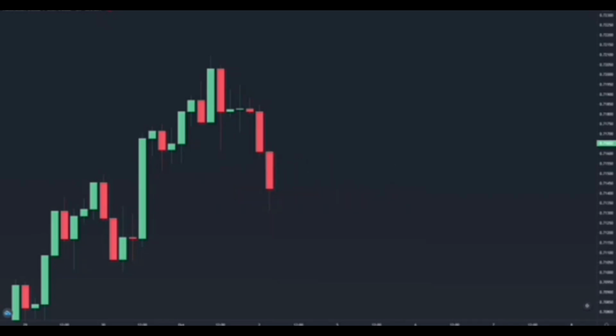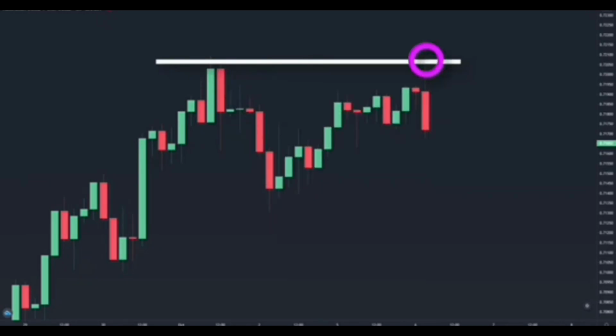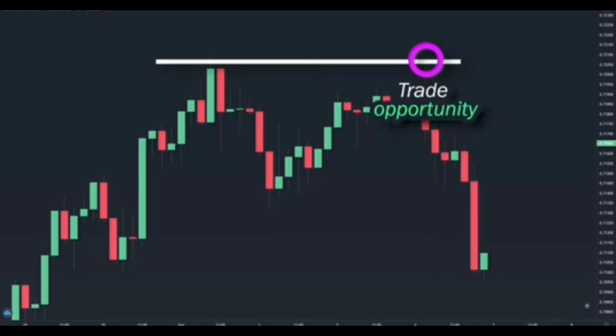Like in this example, in this chart, we can spot that there's an area of resistance here as prices went up to this level and reversed downwards. So the next time when price hits this level again, there's a high chance that it's going to reverse downwards again. And so this can be a possible trade opportunity. So that is why support and resistance is very important.